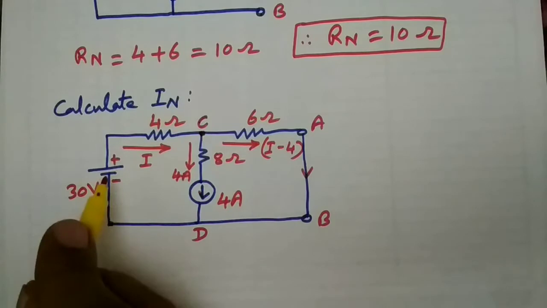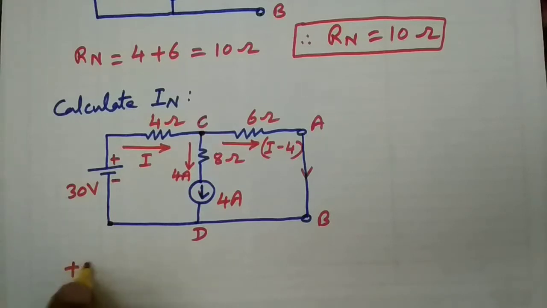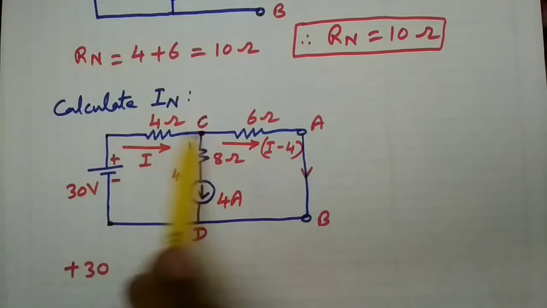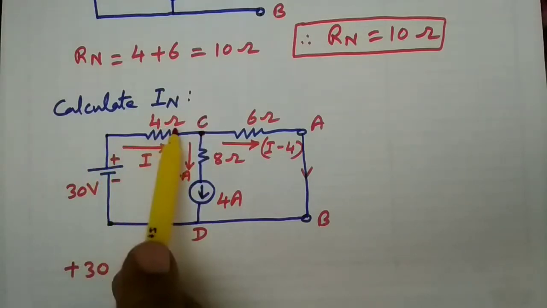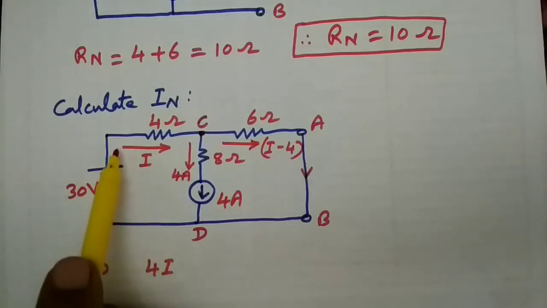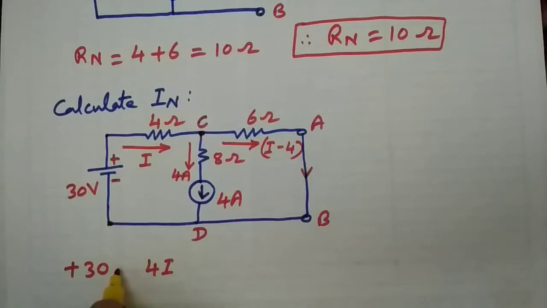For the upward direction, we are moving from the negative to the positive side, so the voltage source will be considered as plus. Then from this node to C, there is a 4 ohm resistance, the current assumed is I, so the voltage drop will be 4 into I. As we move in the direction of the current, it is considered a loss in potential, so it will be taken as negative.